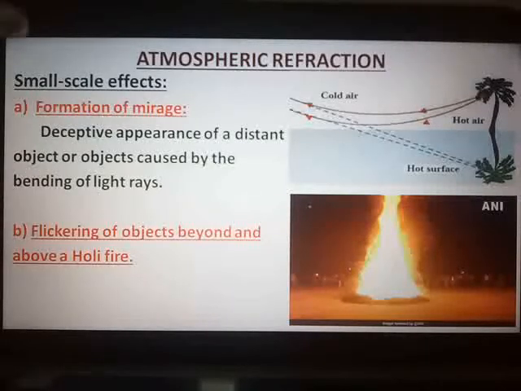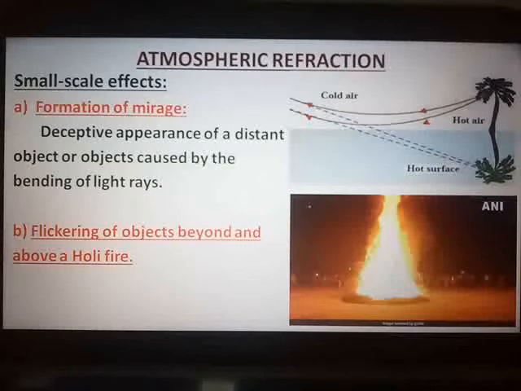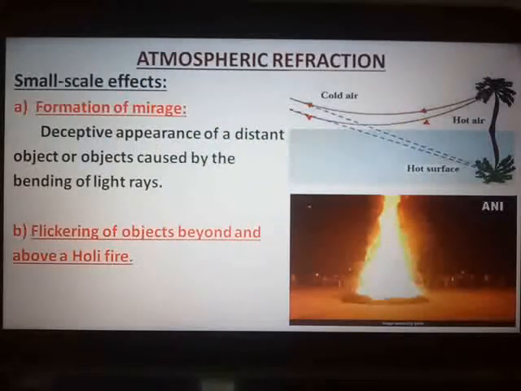What is a mirage? It is the deceptive appearance of a distant object or objects which is caused by the bending of light rays. And you know that the air near a hot road or the desert area, mostly this is seen in the desert area or the hot regions. What happens? The air near the hot road or the desert surface is rarer than the air above it. And what happens due to it?